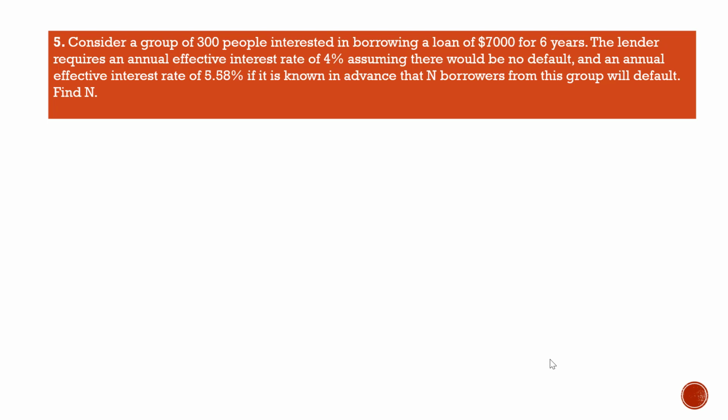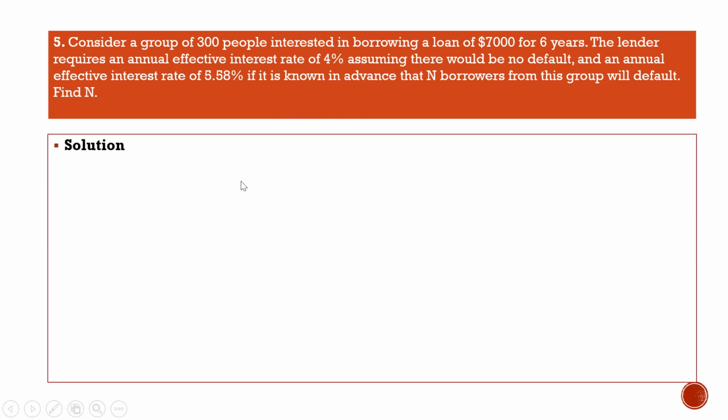Find N. So in this question, they give us enough information to calculate X, the amount received with no default, and the amount received with default, but they didn't give us the default rate. So what we have to do is find the default rate.